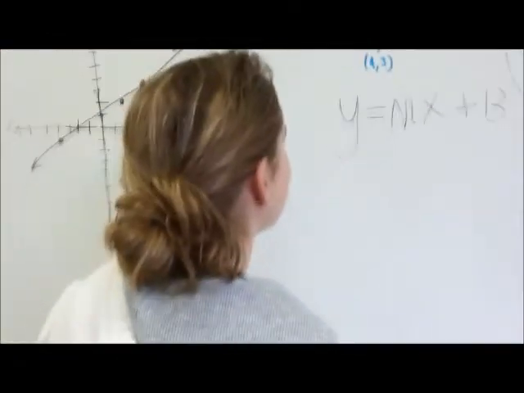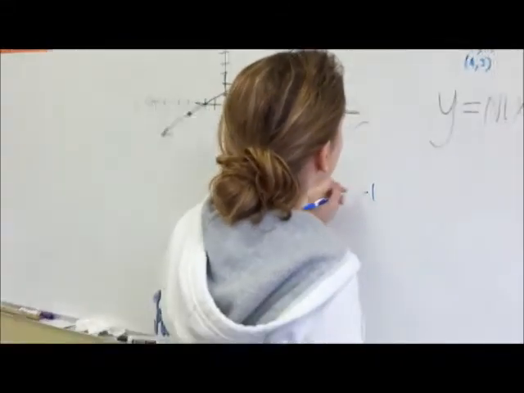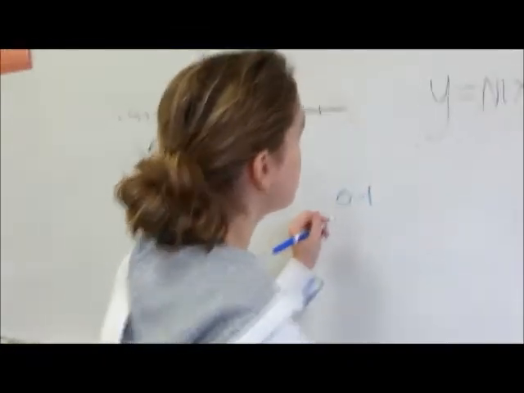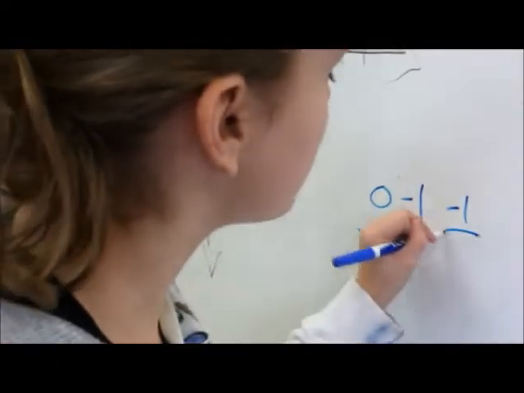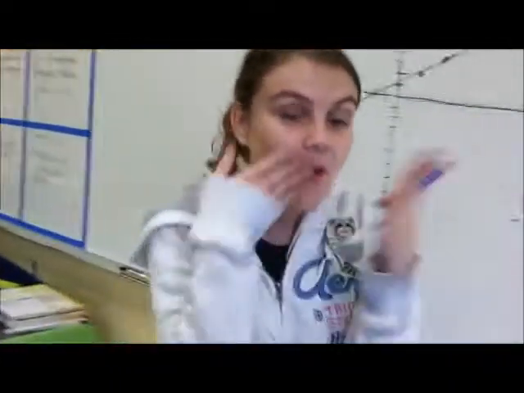Okay, so you do 1, 0 minus 1, and then you do 0 minus 2, -2 minus 0. You get -2. You get 1/2. Our slope, our designated slope. Wow, it's that easy.